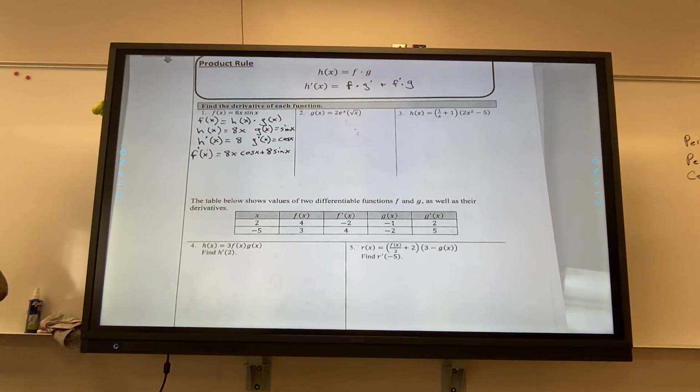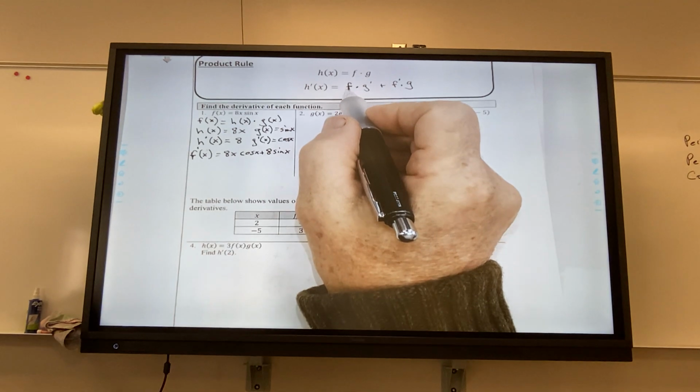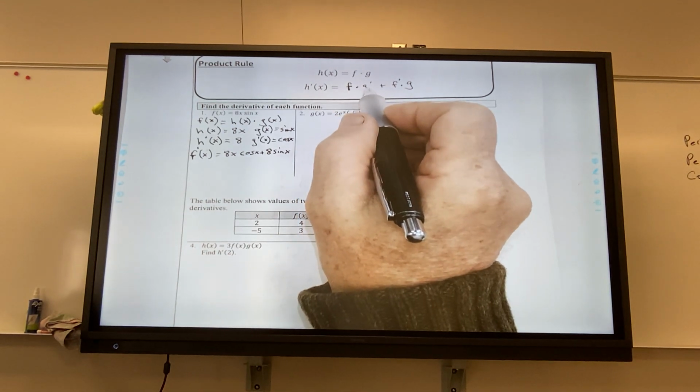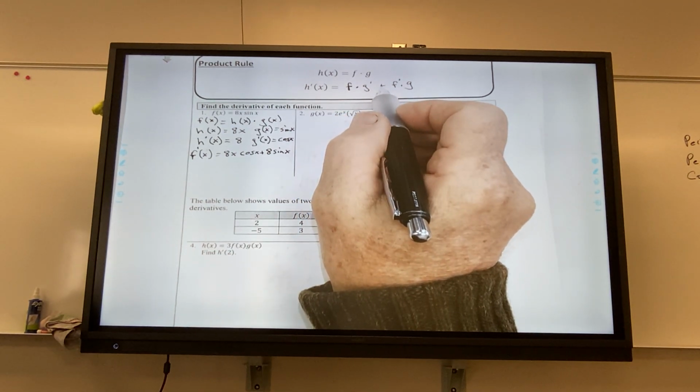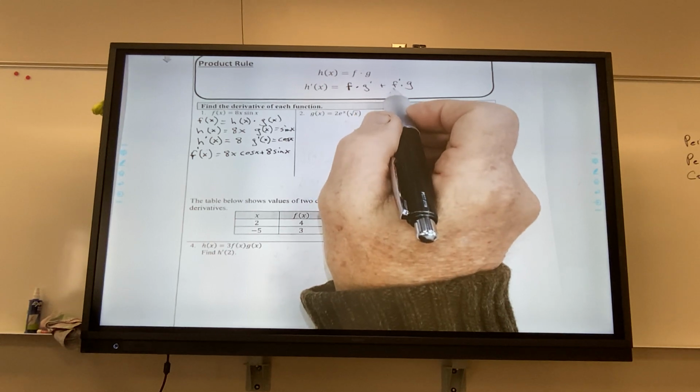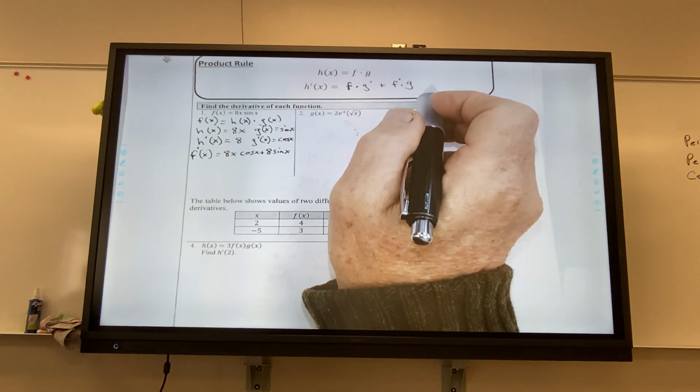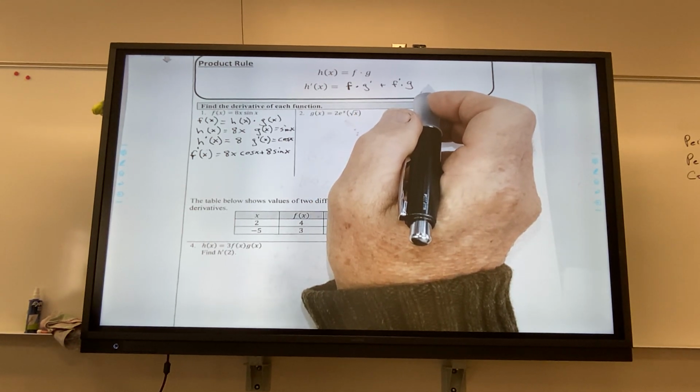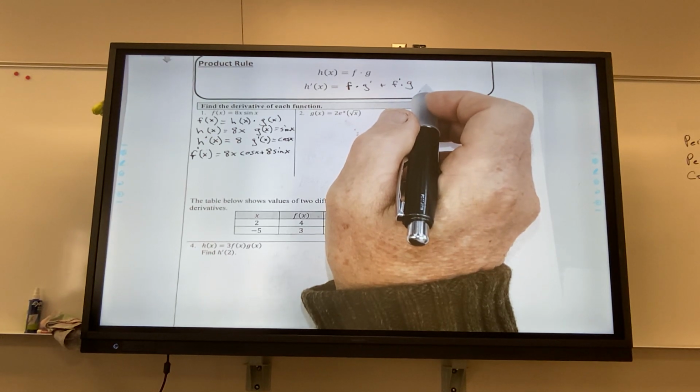So let's just say Owen says that I see it differently. I would write this as f prime of x times g of x plus f times g prime of x. Would he be wrong? Yes. Why? Order of operations.